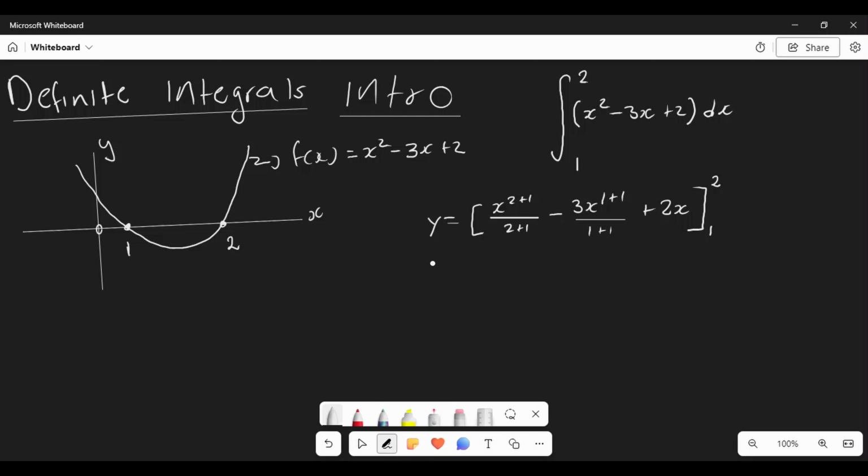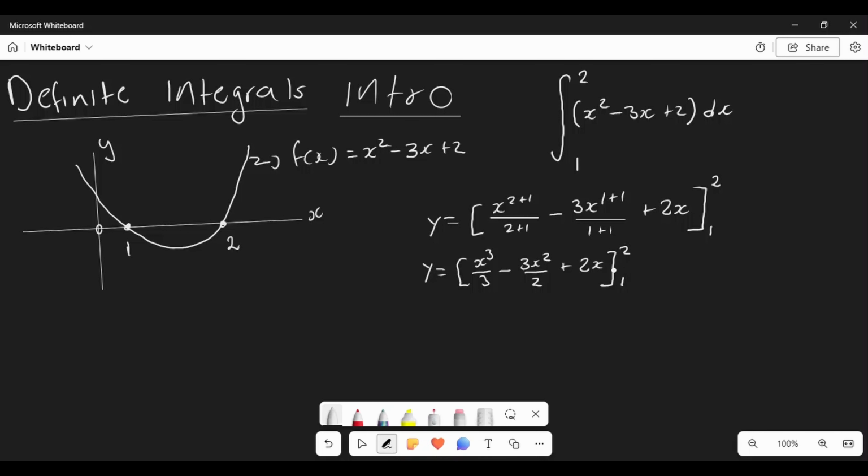Let's simplify it so that we can do it nicely. So this is going to be x to the power of 3 over 3 minus 3x squared over 2 plus 2x, right?